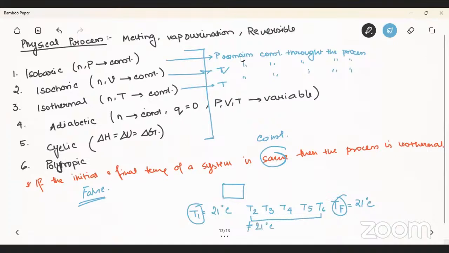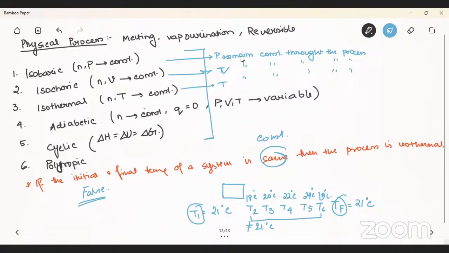Suppose this is 18 degrees Celsius, this is 20, this is 22, this is 24, and this is 19 degrees Celsius. And finally again the temperature is 21 degrees Celsius. So the initial and the final temperature remain the same, but in between the temperature is varying.